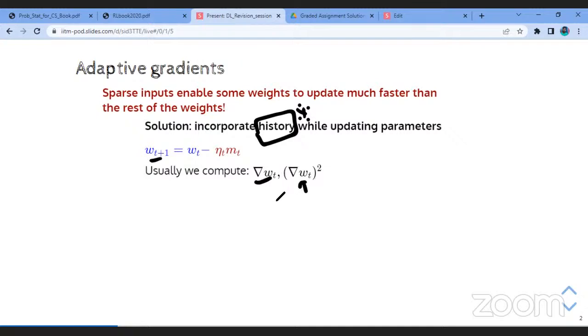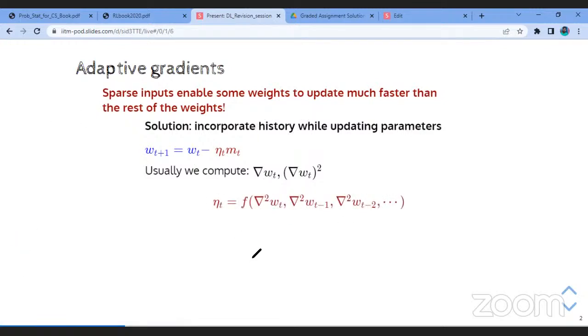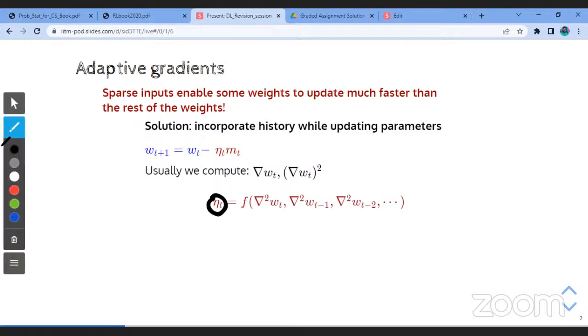These two quantities tell me which parameters get more frequent updates and which get less frequent updates. This is an indirect way of counting the number of updates. So essentially what happens is that my learning rate, we call this the effective learning rate.